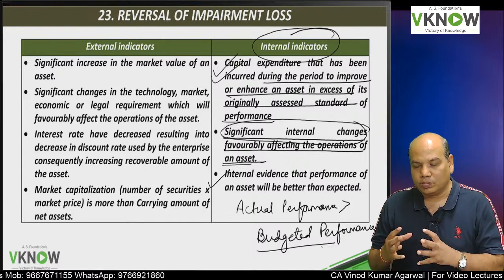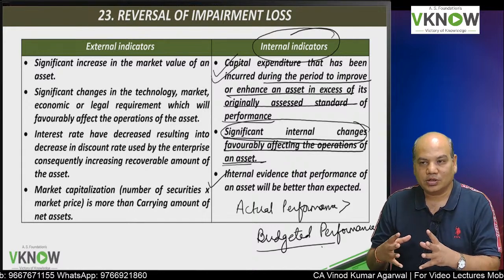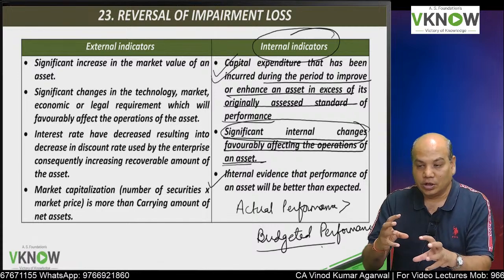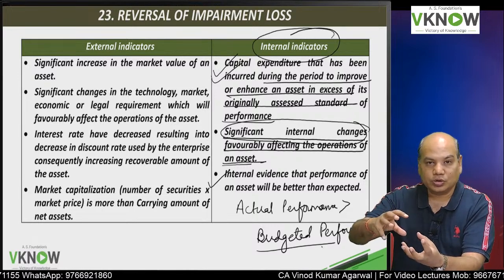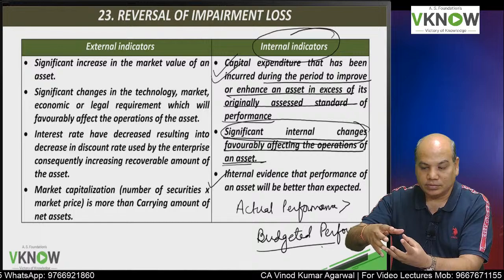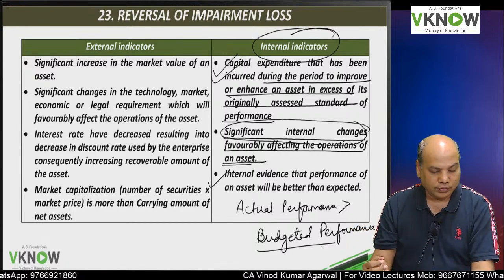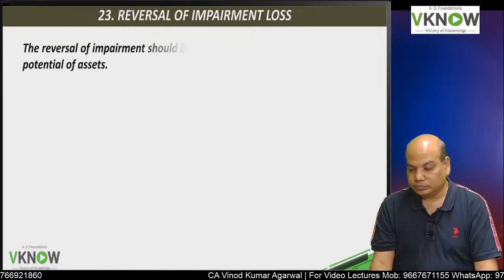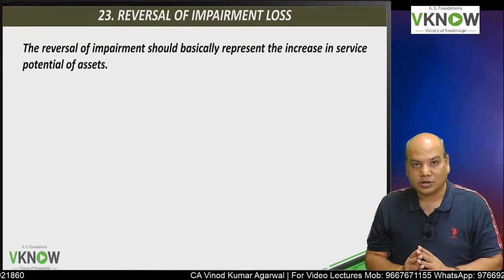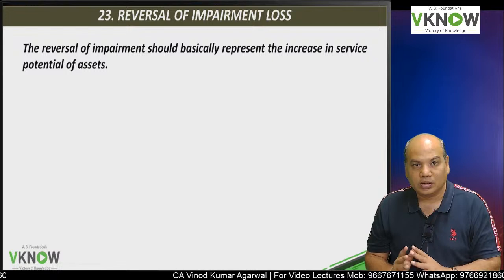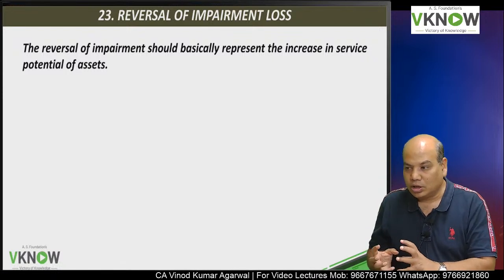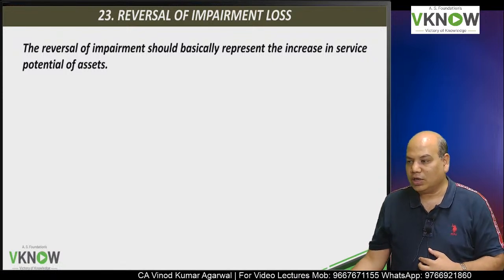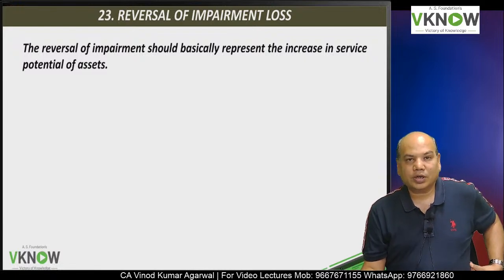In standard costing they call them variances. If you find that most of your variances are getting positive, it is an indication of reversal of impairment. Okay. So once we get the reversal of impairment loss indication, I need to compute recoverable amount.